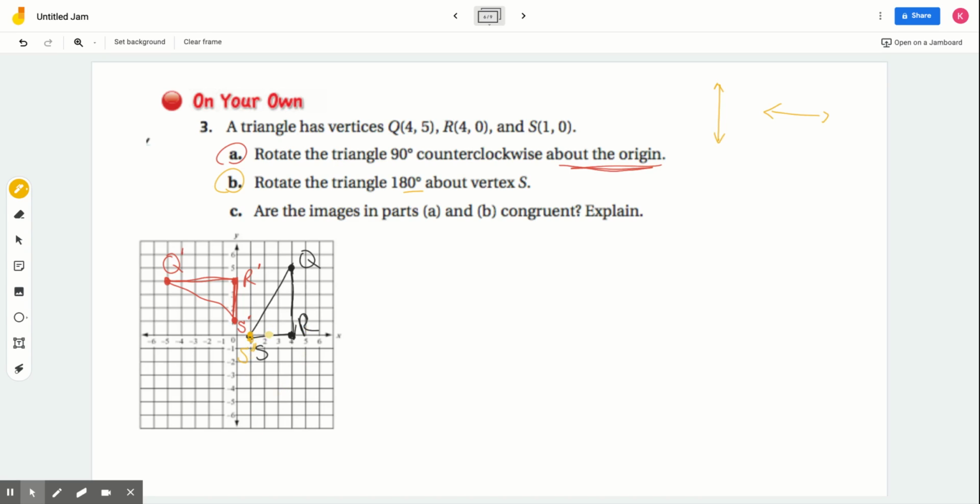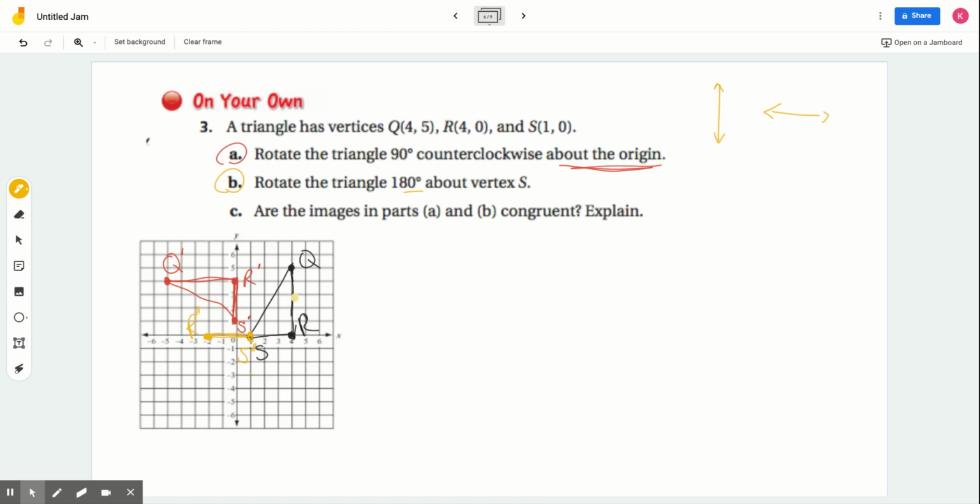Now, R is 3 spots away. So 3 this way would be a 90 degree. 1, 2, 3 spots this way would be a 180 degree. So this would be R double prime. Now, from Q, moving down here would be a 90 degree. Moving this way would be 180 degrees.